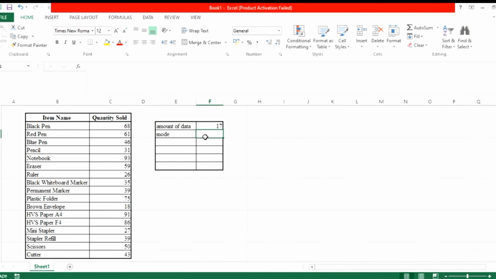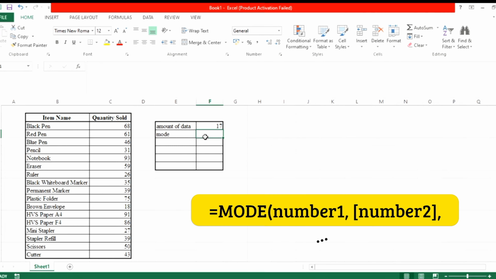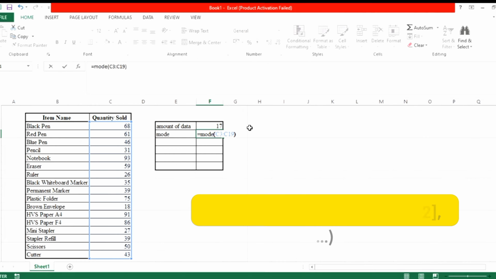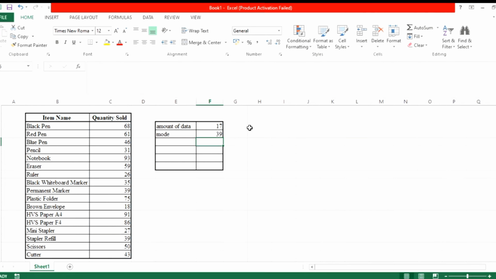To find the mode, it is equal MODE, open the parentheses, same as before, we block the data C3 to C19, close the parentheses, and enter. So in this case, it states the most frequently appearing is the number 39. Look at this, 39, 1 and 2. So it is true.